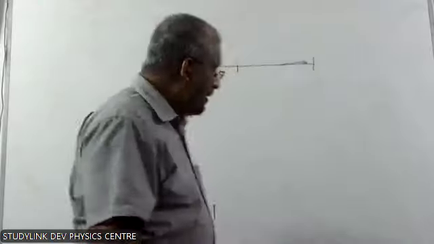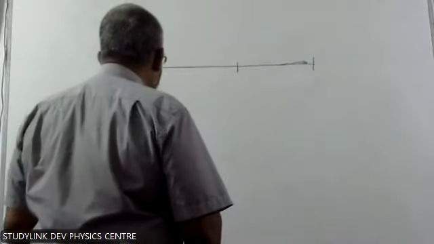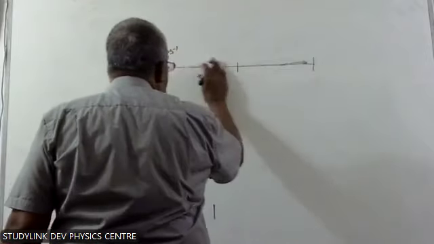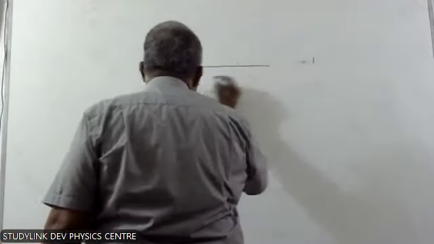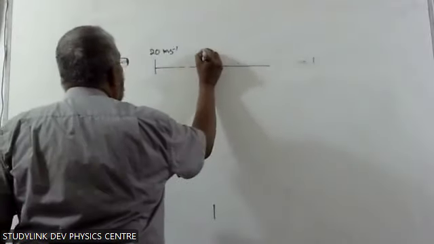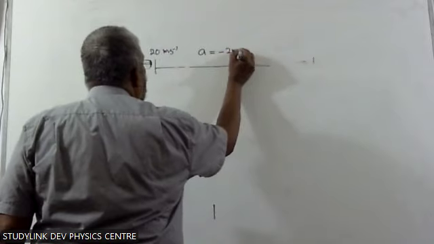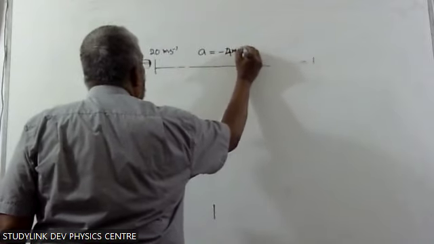Okay, we'll proceed with the question. This is 20 ms minus 1 initially, moving with a deceleration of 4 ms minus 2.